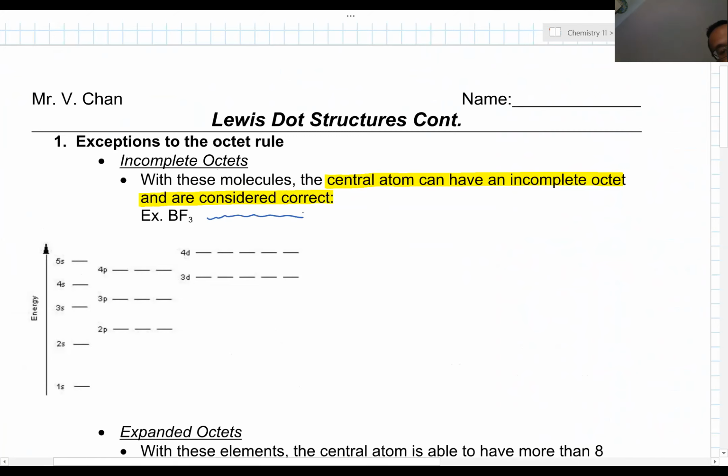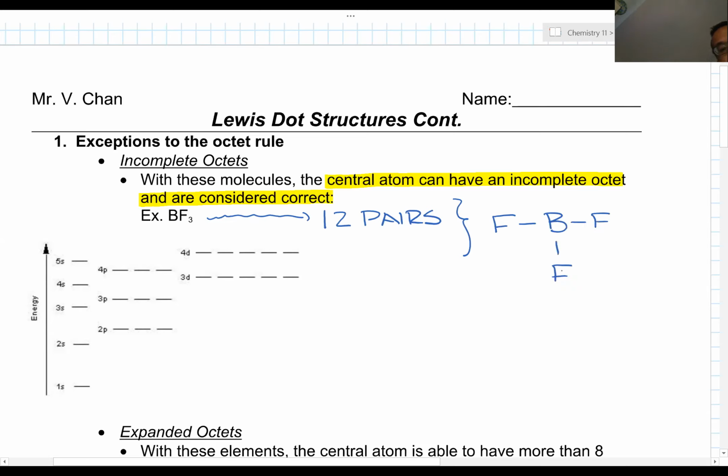Now, for boron trifluoride, you know that there are 12 pairs. And that goes back to the Lewis dot structure, how to figure out Lewis dots, the number of pairs, etc. And what you would get is a formula something like this.